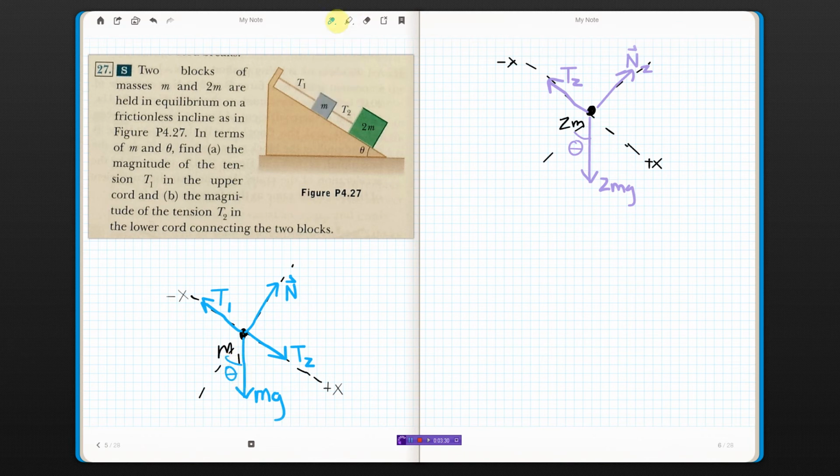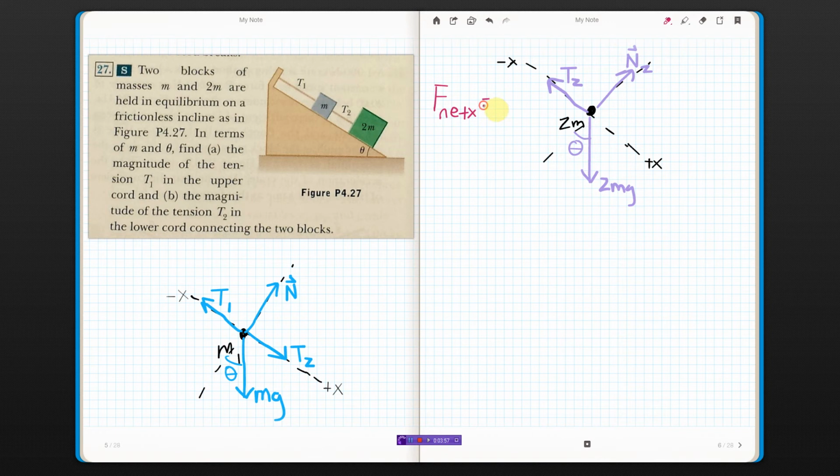Okay, so next up is Newton's second law. Let's do Newton's second law for this one first, just because I've got more room. F net in the y direction is going to be 0, and all it would tell me is the normal force. They don't care what the normal force is, so I'm going to skip that, and all we care about is the x direction.